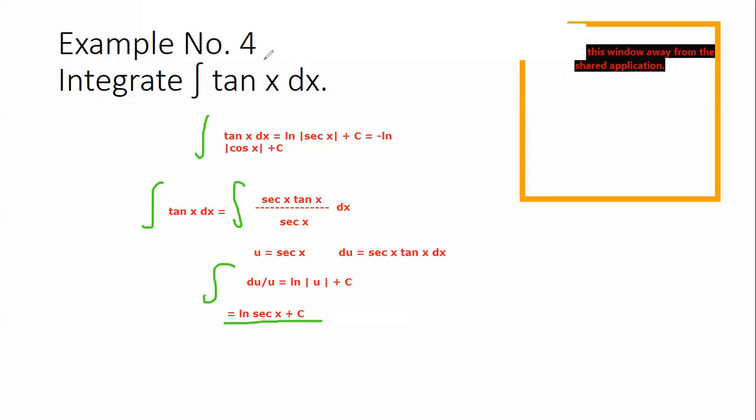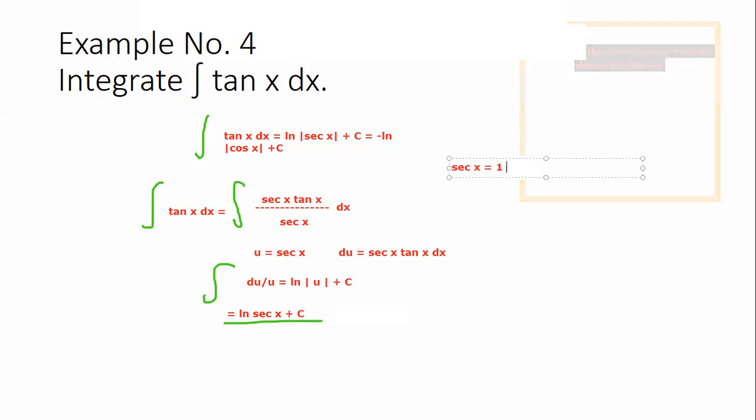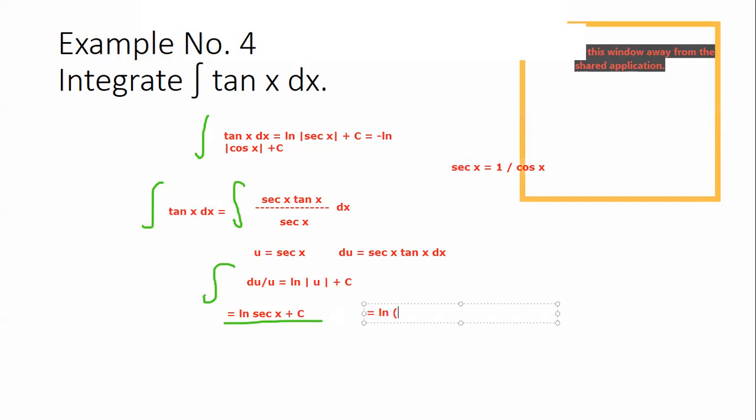We remember in our trigonometric identities that secant x is the reciprocal of cosine x. In this case, we can also say that this is ln of 1 over cosine x plus c.